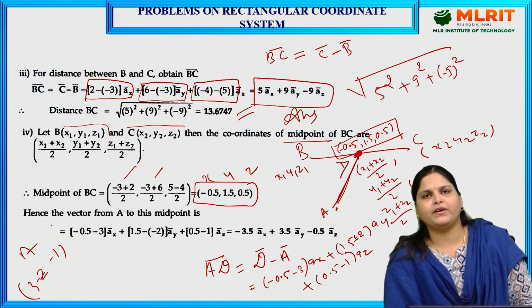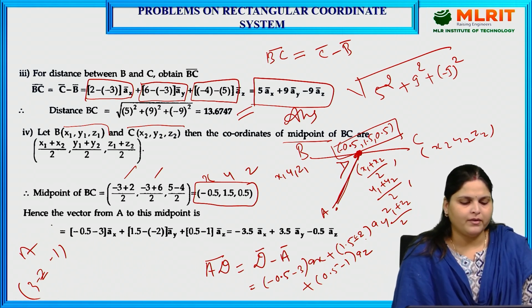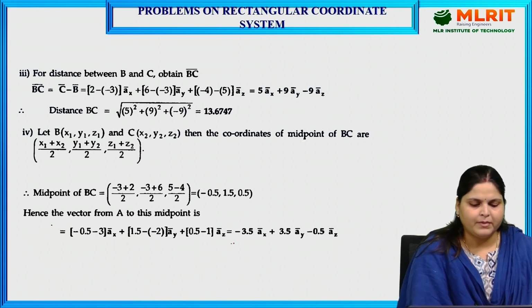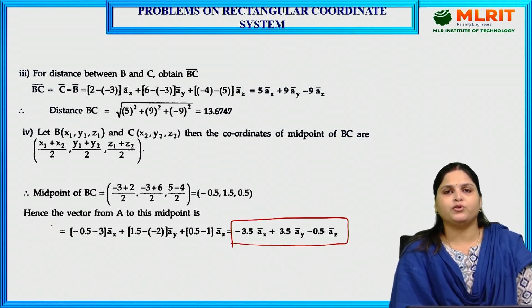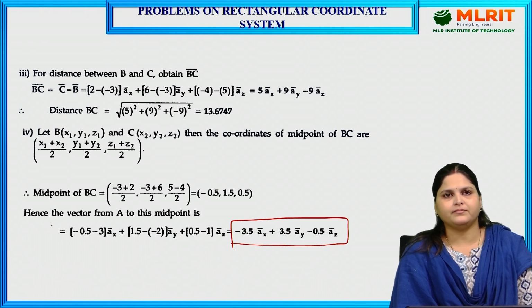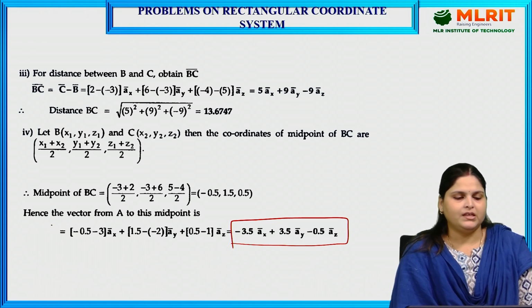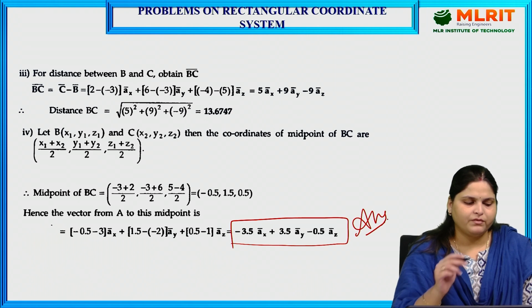So that is how we are going to write. And upon solving, what we are getting? Minus 3.5 ax minus 0.5 ay minus 0.5 az. Right? This is the answer of fourth point.